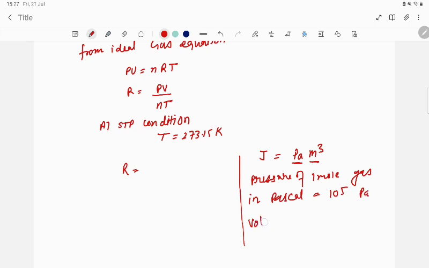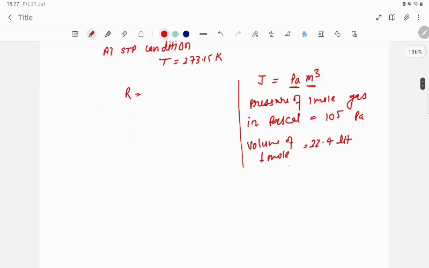Volume of 1 mole gas, everybody knows, is 22.4 liter. But 1 liter is equal to what? If you are going to meter cube, we have to divide by 1000. So in meter cube it will be 22.4 into 10 power minus 3 meter cube, right?